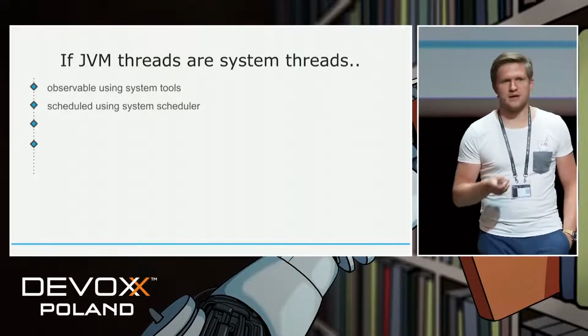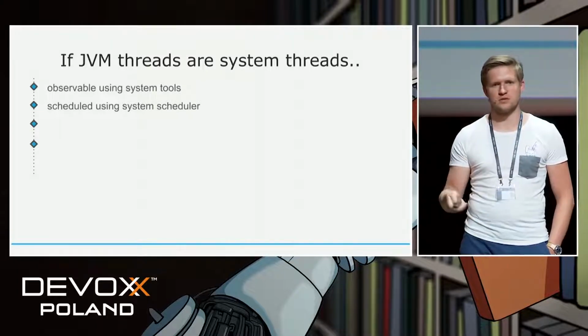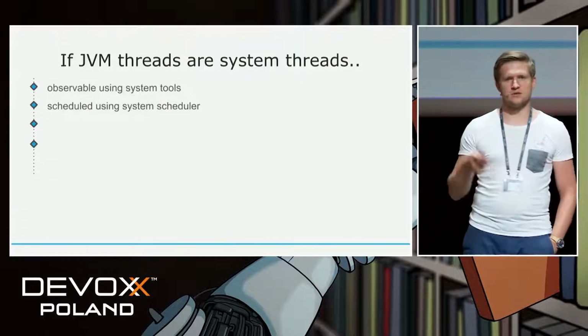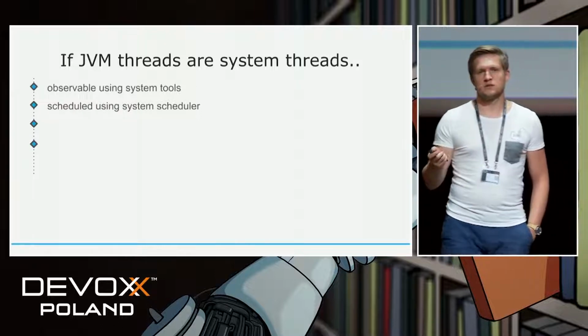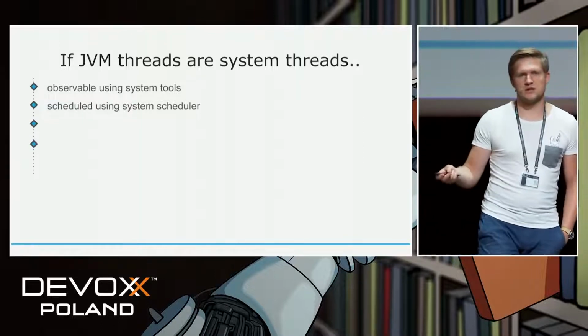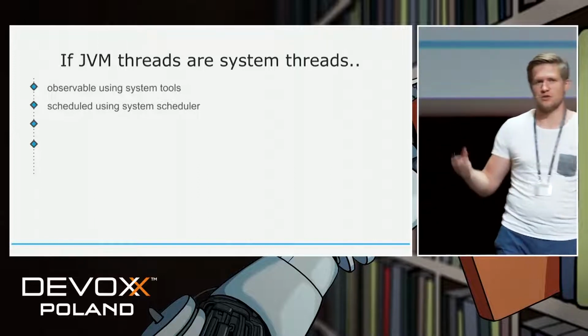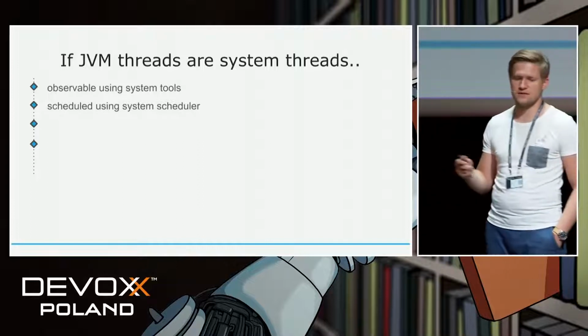If there are system threads, it also means that it's not the JVM that's responsible for scheduling CPU time for them. Actually, the JVM has nothing to do with it. It has no say in this process. The Linux kernel scheduler is responsible for giving slots of time on the CPU for scheduling all those threads, not Java.